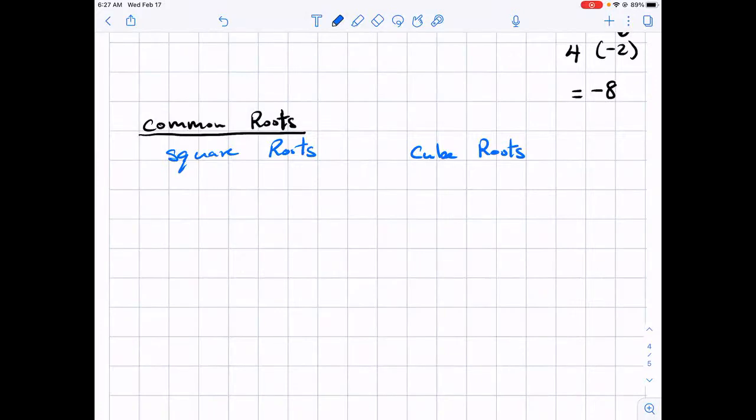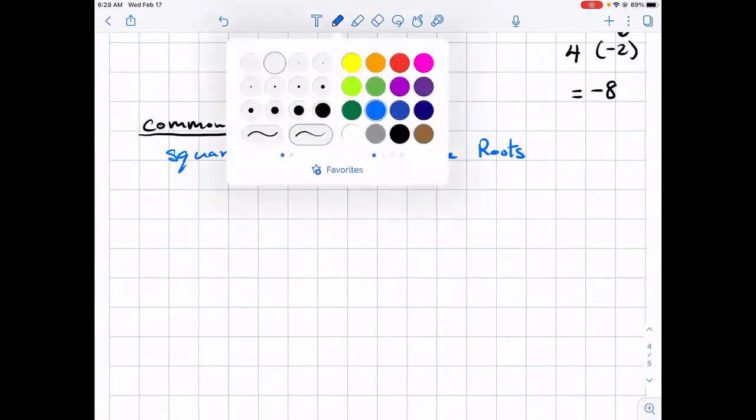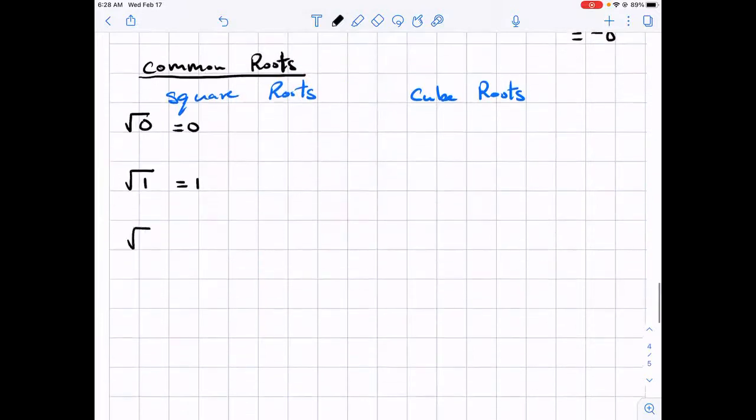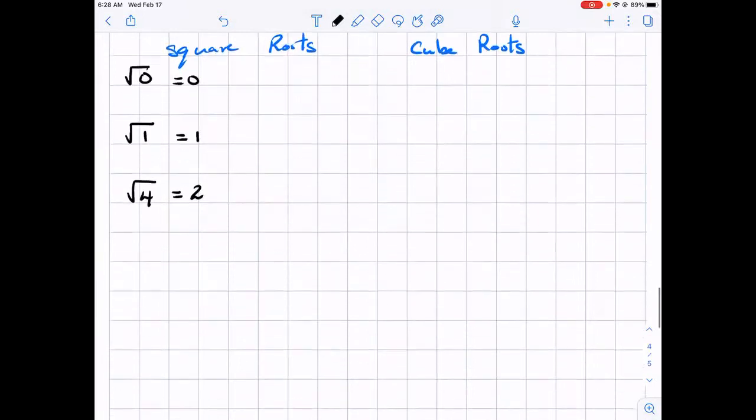So for square roots, the square root of 0 is equal to 0. The square root of 1 is equal to 1. The square root of 4 is equal to 2. The square root of 9 is equal to 3. The square root of 16 is equal to 4.